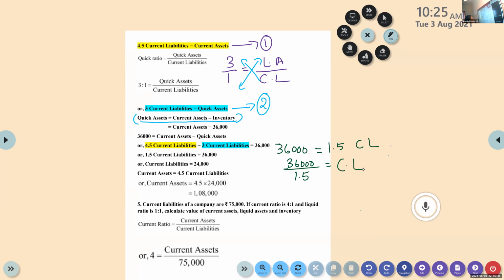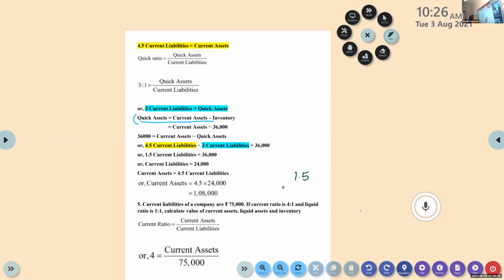Please complete it. Do you want me to explain it again? Both the ratios are given. We have formed equations from the formulas of both the ratios. Details of inventory are given.